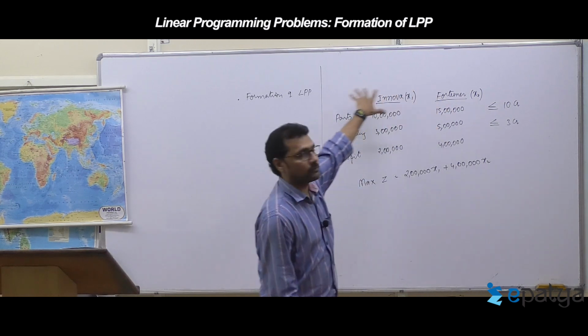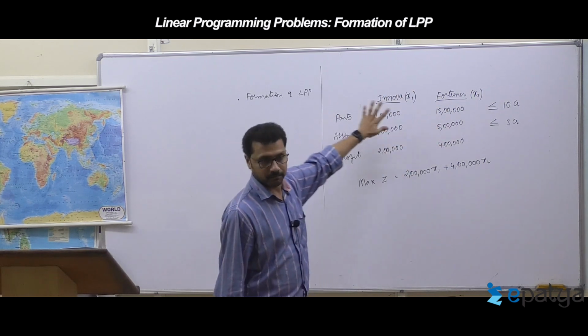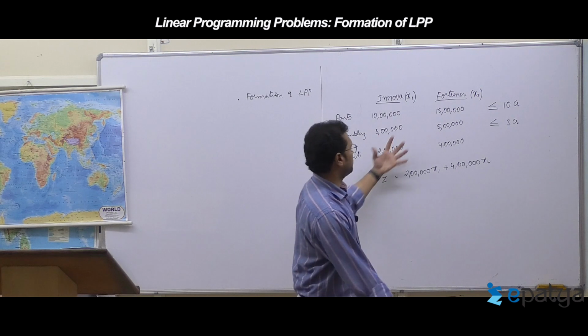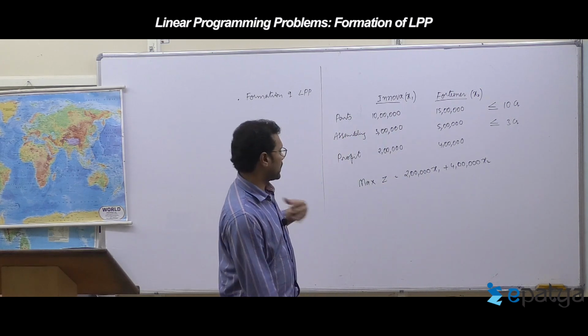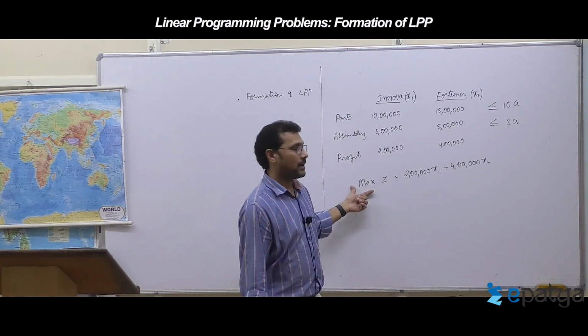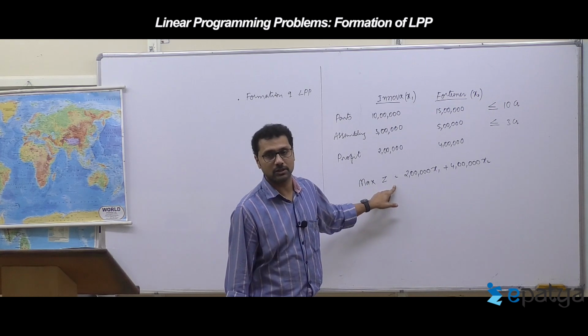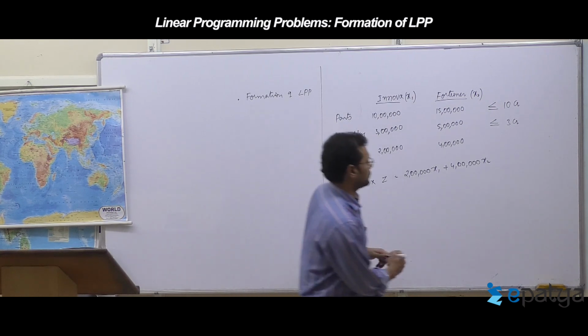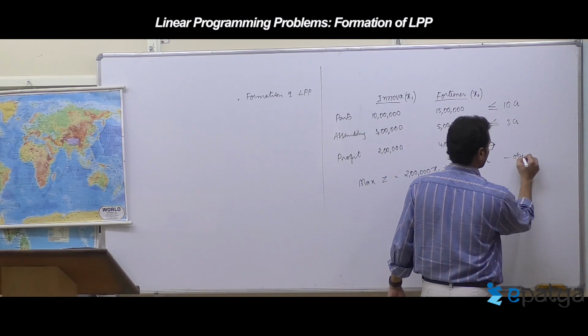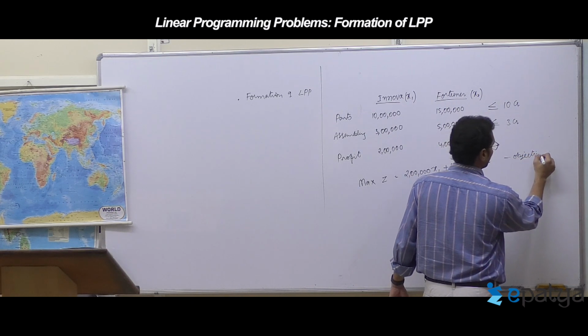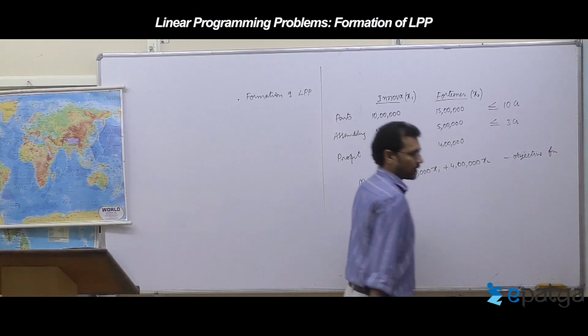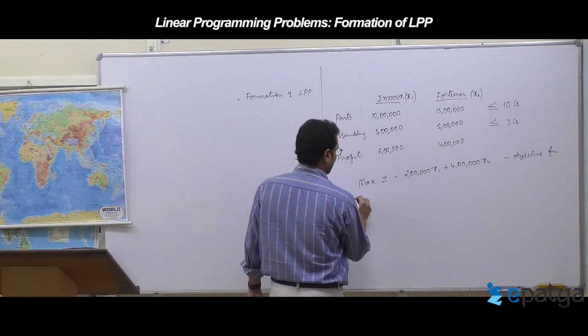This entire scenario we call linear programming. If you try to put it in terms of mathematical symbols, one expression that I have already kept is maximization of my profit function, which is the objective function. So, this is called the objective function. And what are the constraints that I have?